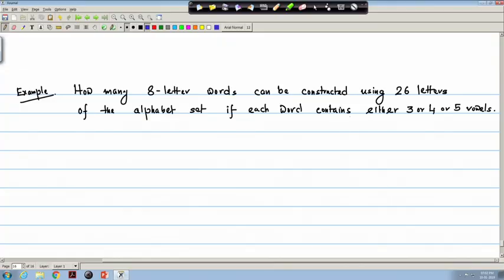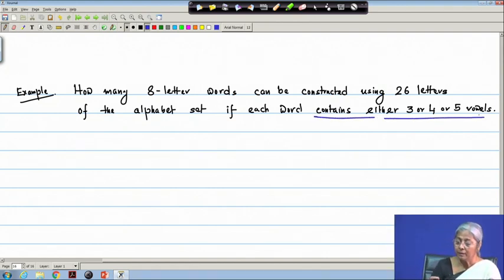We can remember that when we started with the definition of permutation and combination, it was some ordered or unordered arrangement satisfying some property. So, here each word contains either 3, 4 or 5 vowels. Okay.